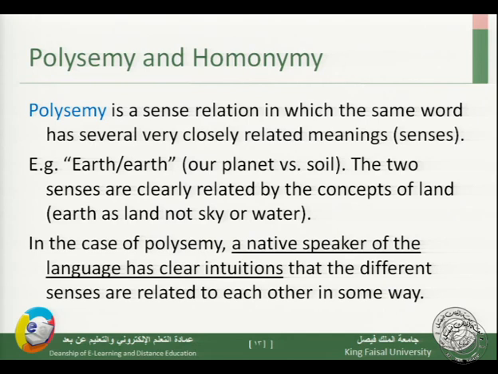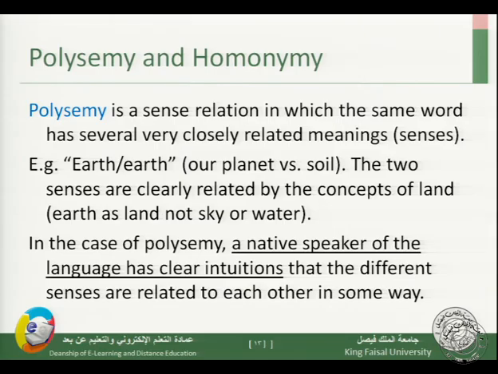The two senses are clearly related to the concept of land. If you look at Earth, the planet, we distinguish between it and the sky. And if you look at the soil itself, we distinguish between it and the sky and water, etc. So there is a relationship between the two. Of course, in this case, a native speaker of the language will have clear intuition. He will be able to tell whether these are closely related or not.